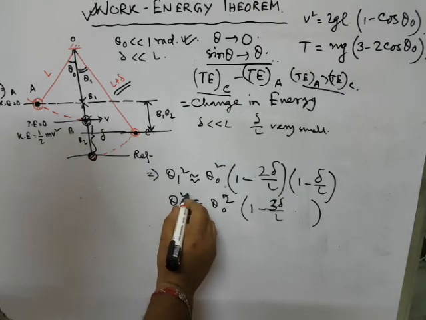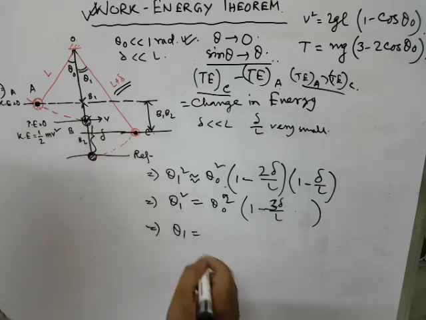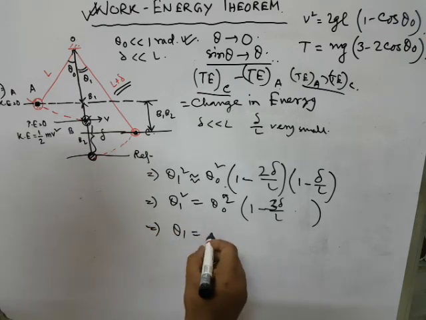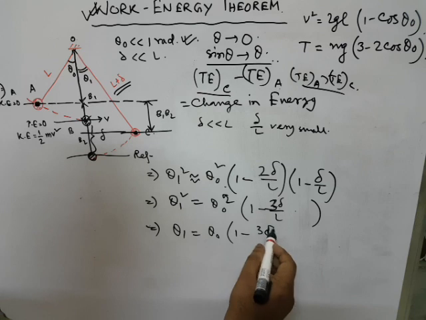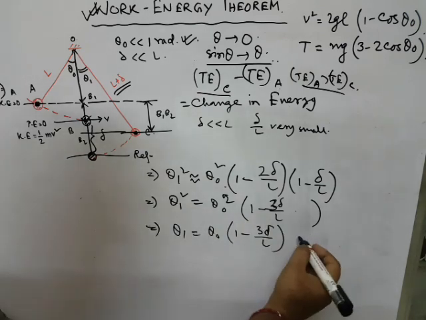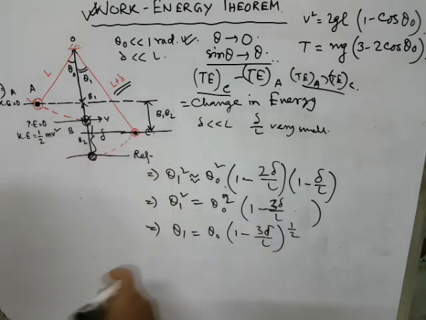Now this is the square term, so if we consider θ1, that will be equal to, the minus won't be there, only the positive value, so θ0 (1 − 3δ/L) to the power half, the root of that.